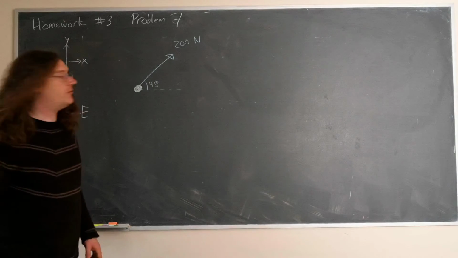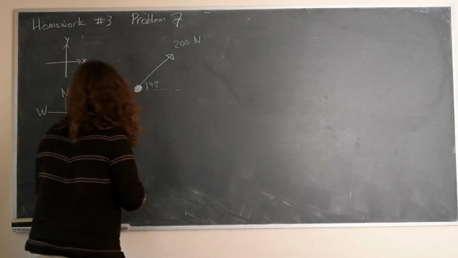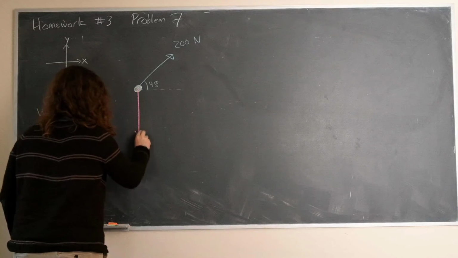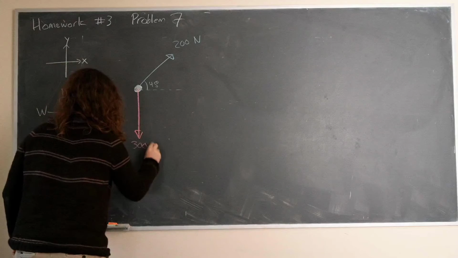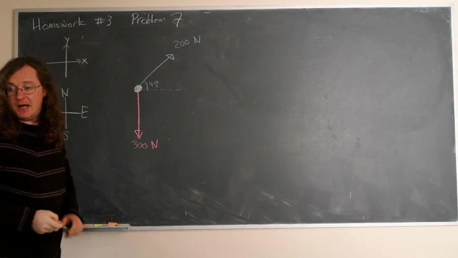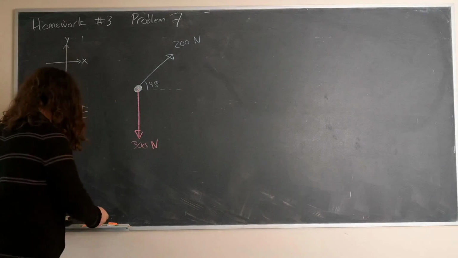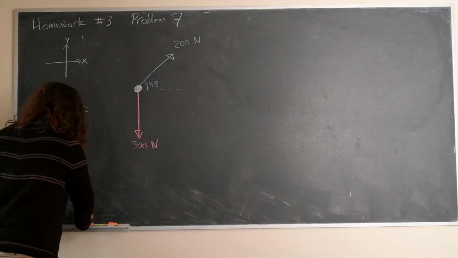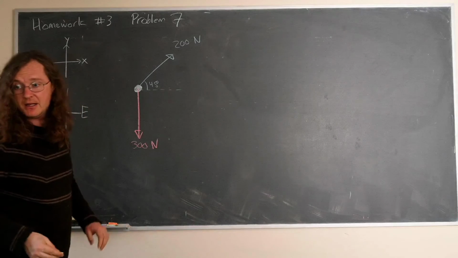Another one points south, and someone pulls on it with a force of 300 newtons. There's no trig to do here. And then the final rope points 30 degrees north of west, and the force on it is 200 newtons.